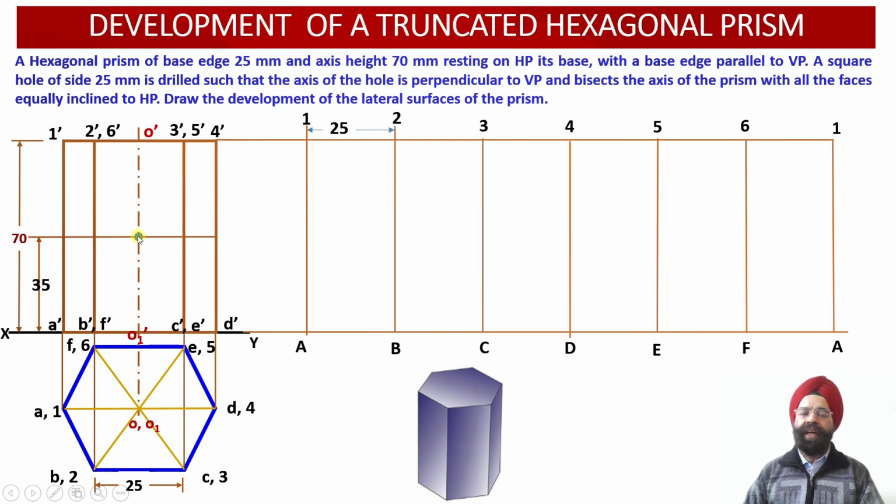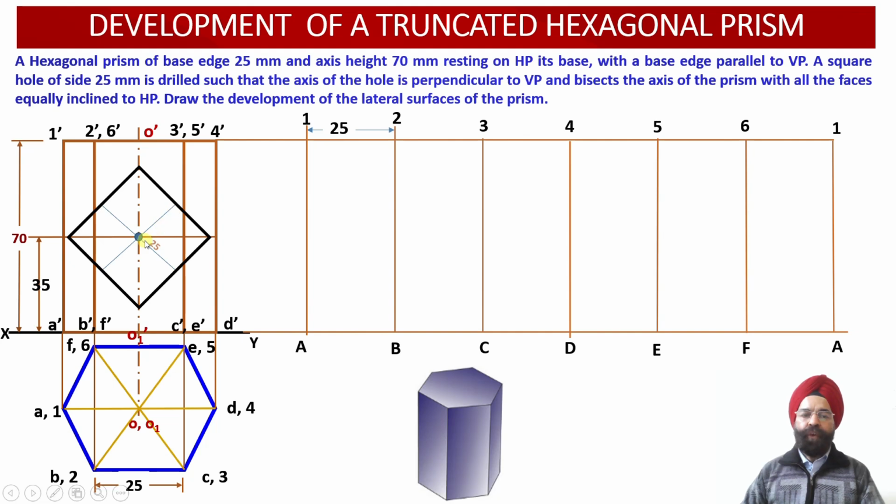So at a height of 35 millimeter from the base onto the axis, we have marked the midpoint of the square hole over here. Now we know the edge length of the square hole is 25 millimeter. Another piece of information is that all the faces of the square hole are equally inclined with respect to HP. That is, all the edges of the square represented in the front view will be inclined at an angle of 45 degree with respect to the horizontal plane.